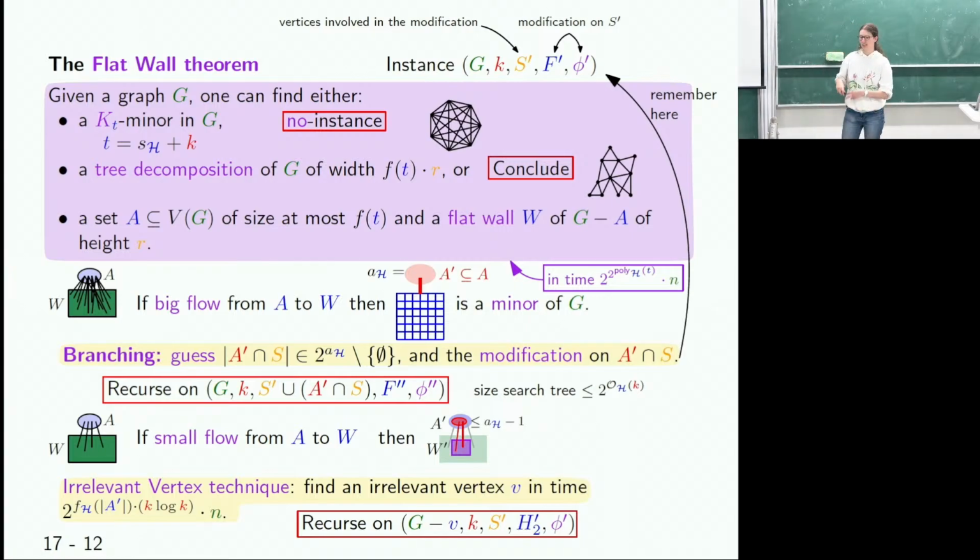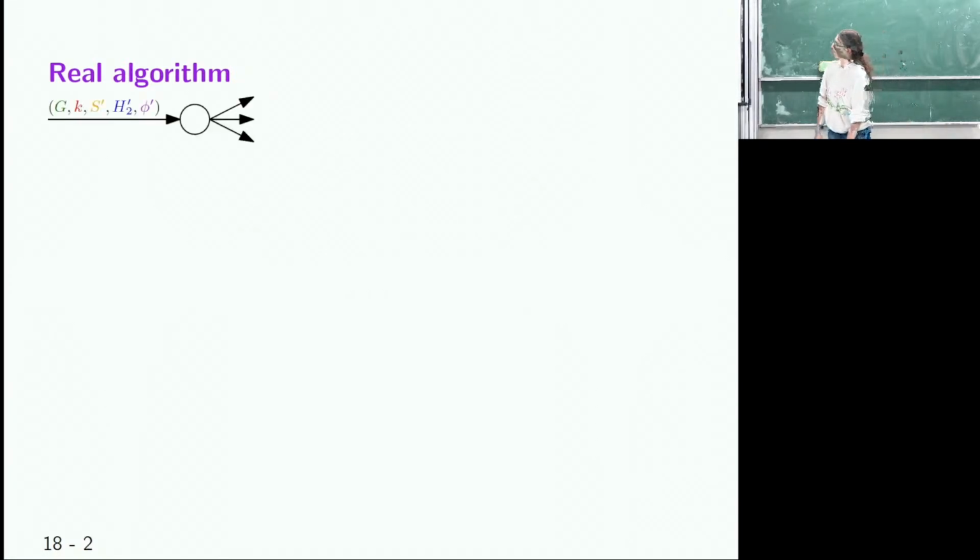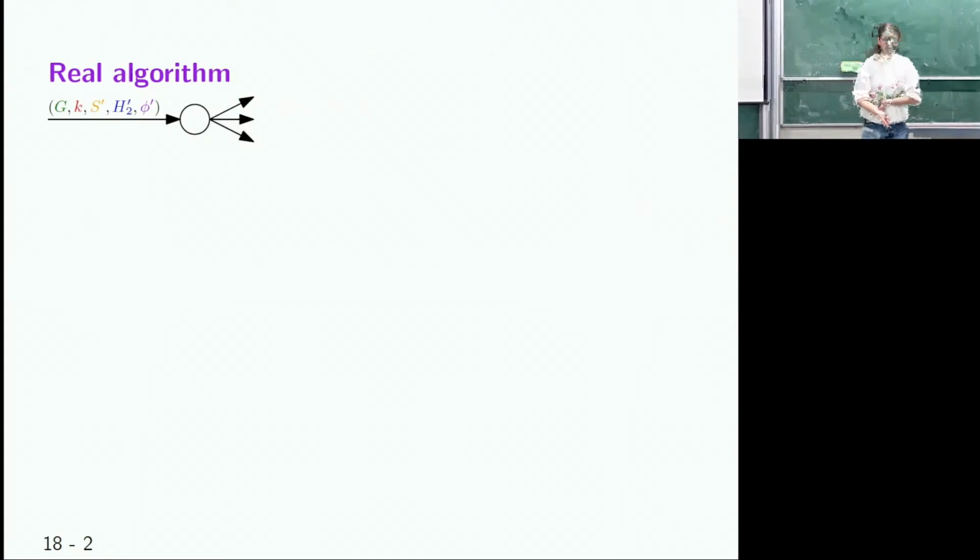So that's why, here I presented all the arguments that we use, but actually the way you do the algorithm is far more convoluted than this. So I will not explain in detail, but I will just show quickly how the real algorithm works. So you have your input, so G, k, and the modification that you guessed for now.